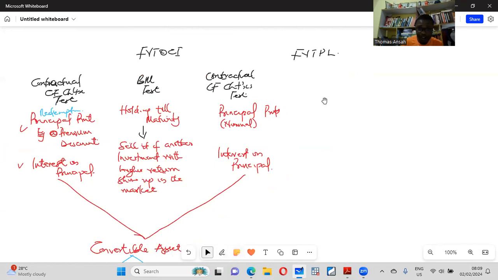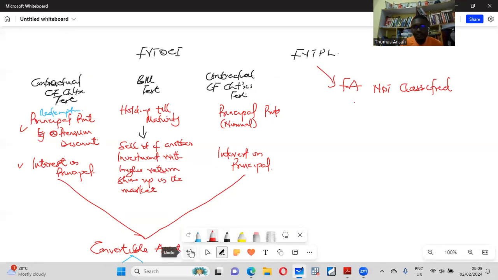Because IFRS 9 says that fair value through P&L is for financial assets not classified or not recognized under amortized cost nor fair value through OCI.